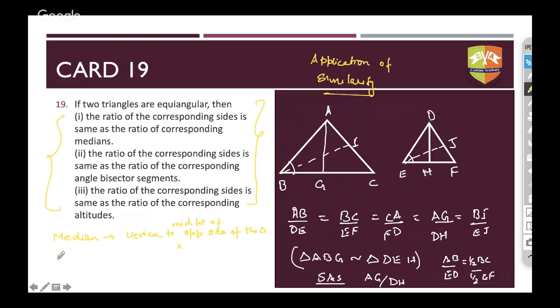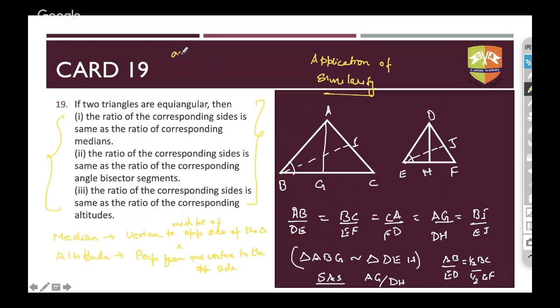This is median. Then altitude. What is altitude? Altitude is nothing but the perpendicular from one vertex to the opposite side. This is my altitude.